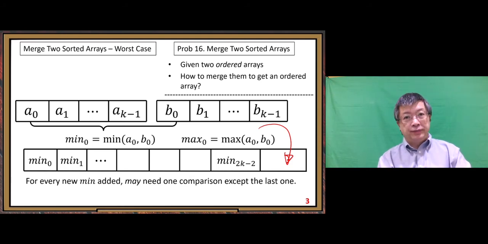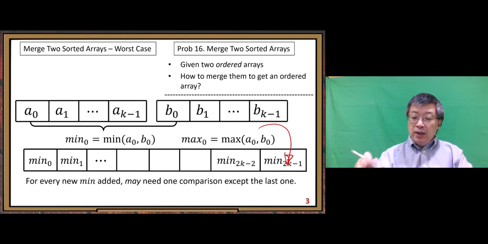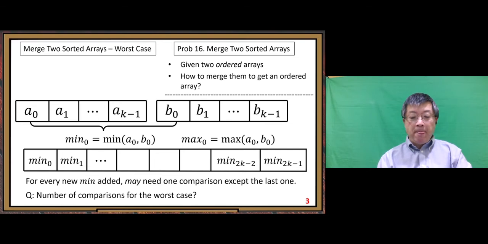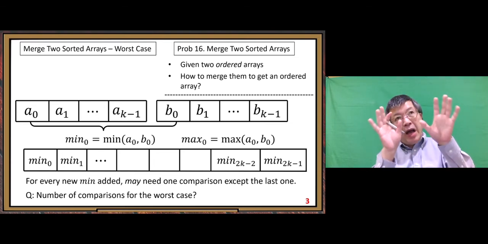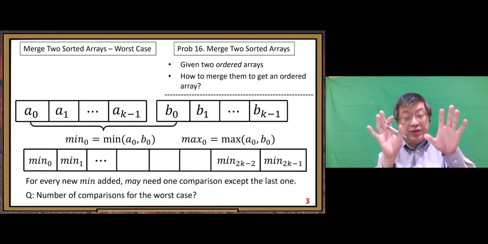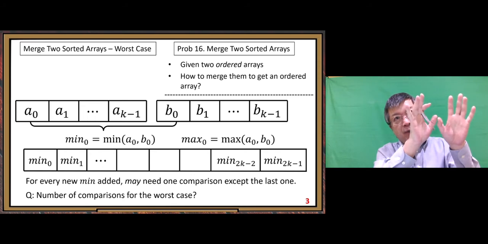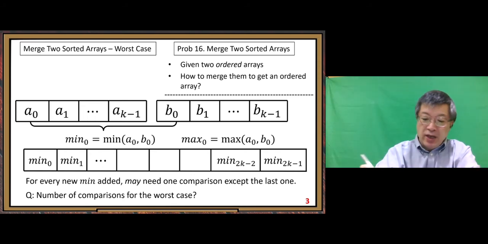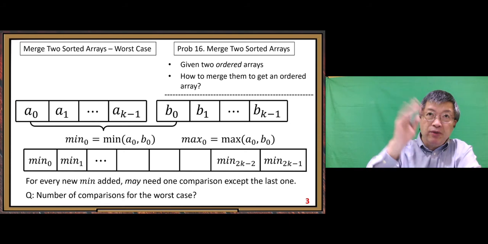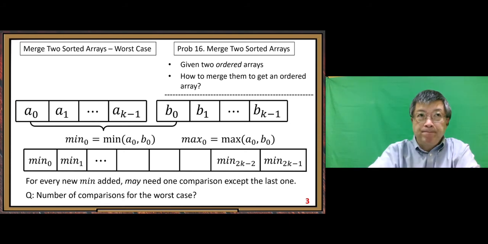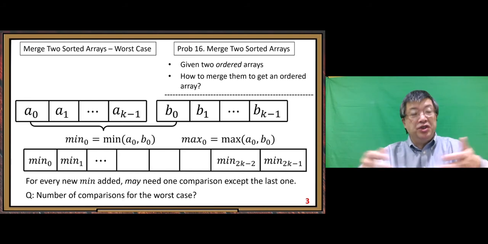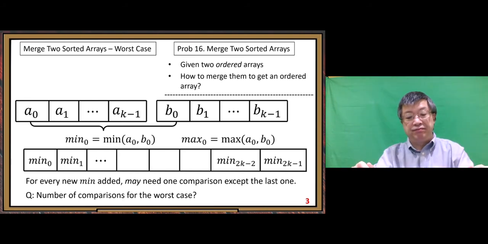Now you can get an answer for the number of comparisons in the worst case, the maximum number of comparisons you need to merge these two arrays.